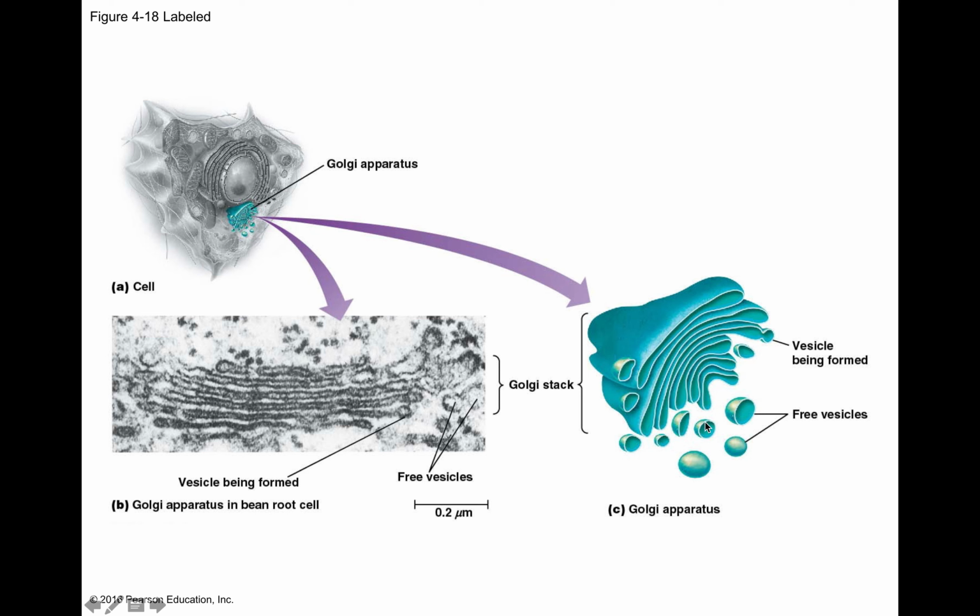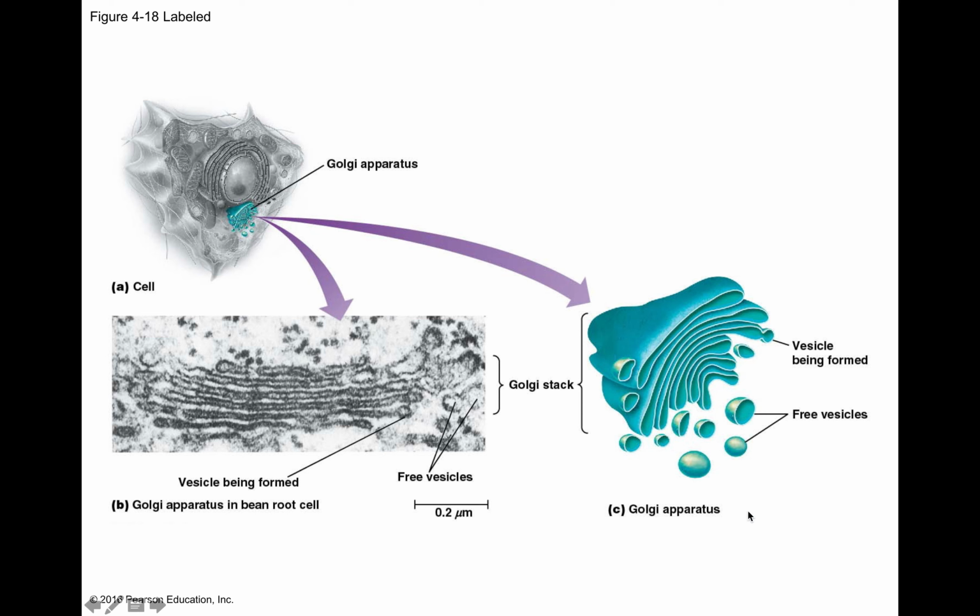If a protein is glycosylated, a carbohydrate has been added to the protein in the Golgi apparatus. There are other types of protein modifications like myristylation, etc., that will happen in the Golgi apparatus.